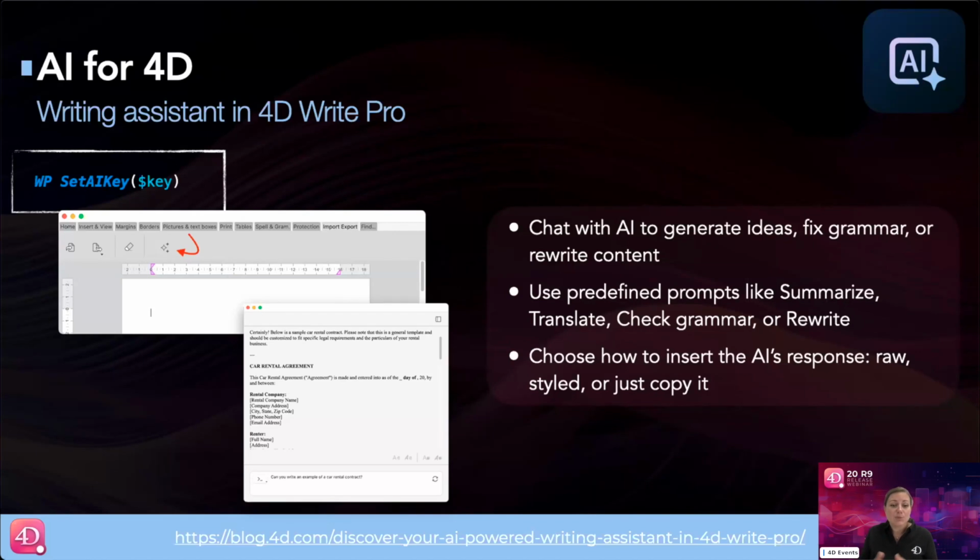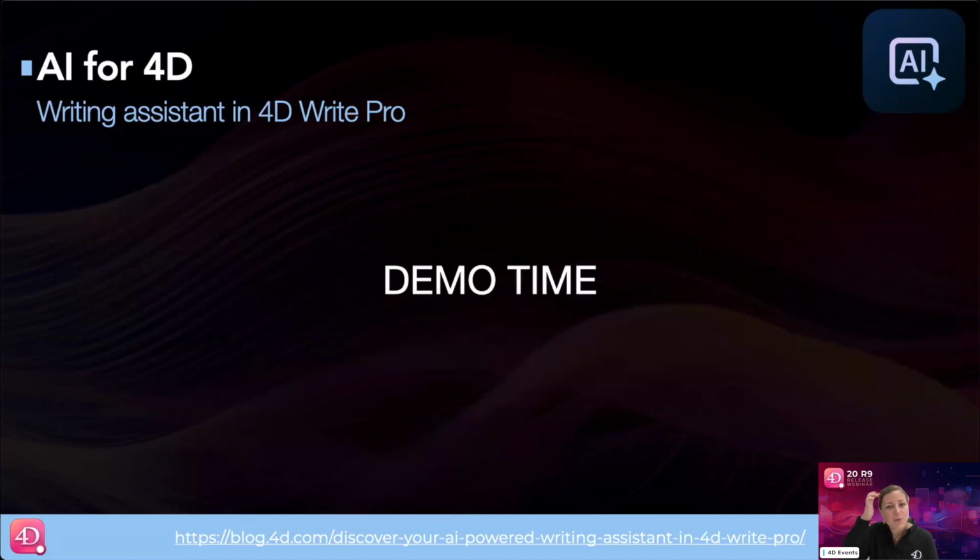Future improvements are on the way, and we're eager to get your feedback about it and how it should evolve, of course. In short, this is more than just ChatGPT in a document. It's a fully integrated assistant designed for 4D developers and users, making your writing process faster, smarter, and easier. So we now have a demo from Vanessa.